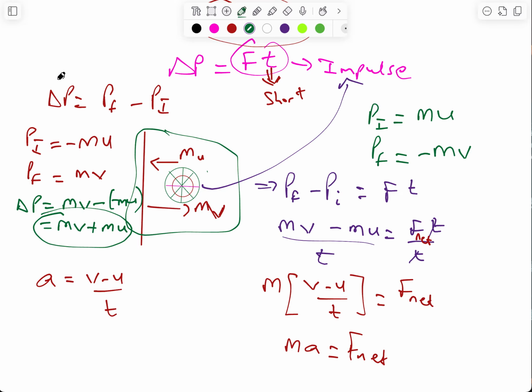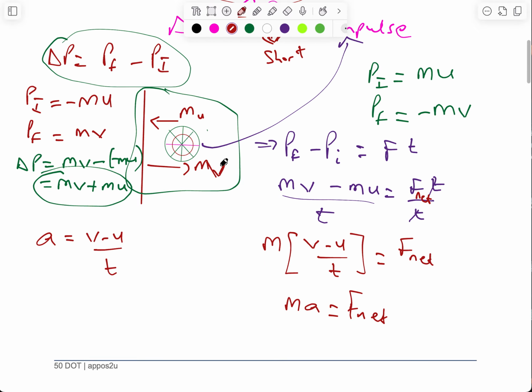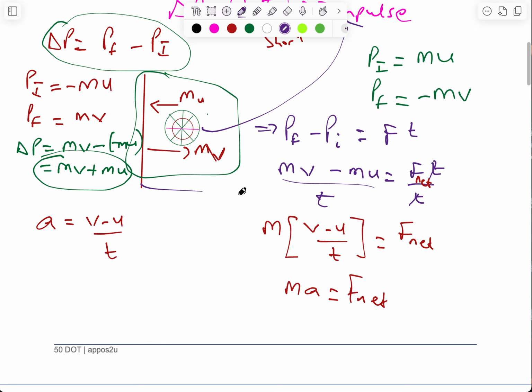So if you slot that into this expression, so what you're going to get is, what is P final? P final is negative MV minus, what is P initial? Mu. So you see that negative sign is common here, so you have negative mv plus what?